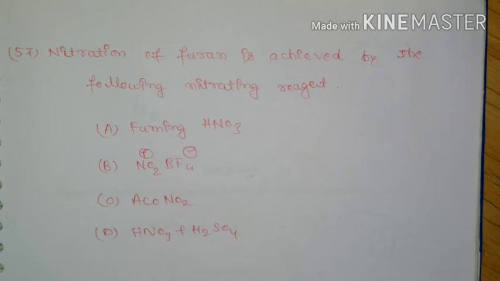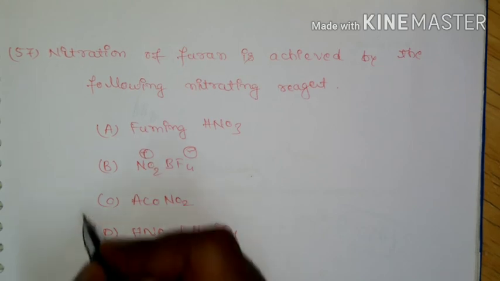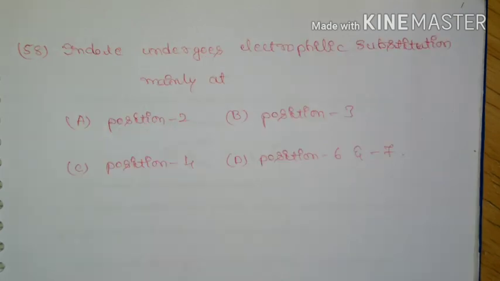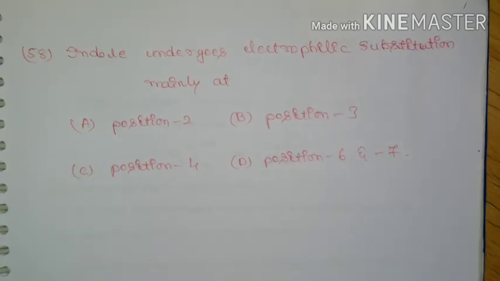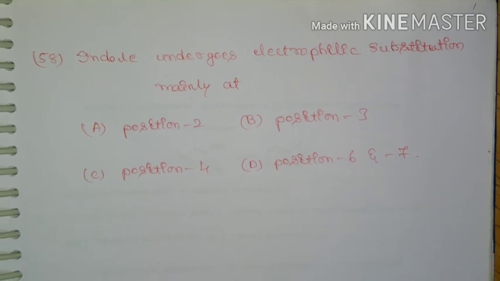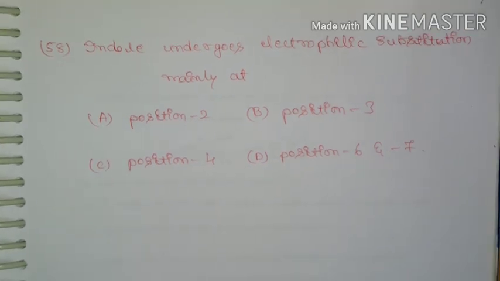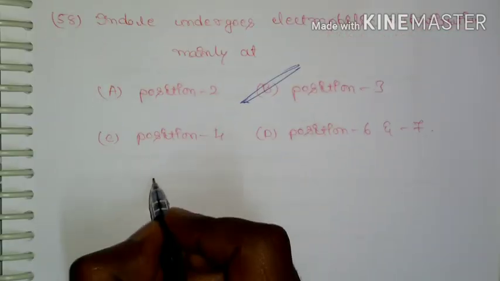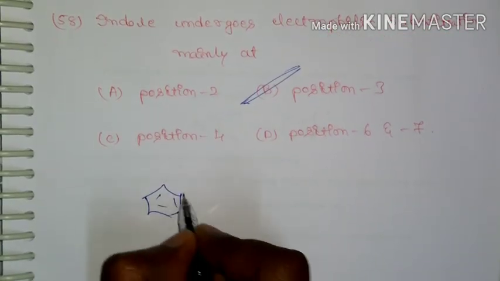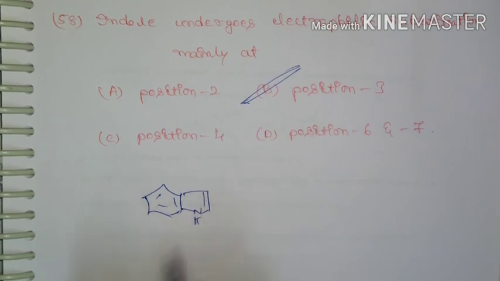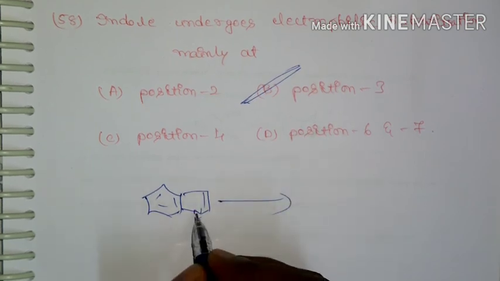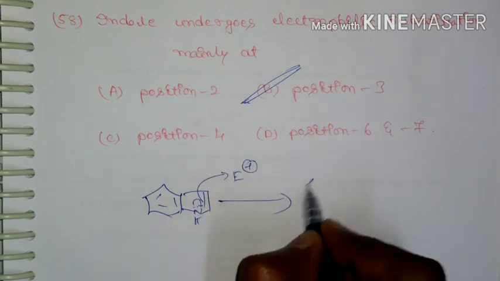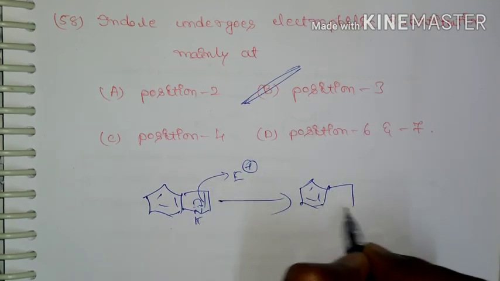And nitration of furan is achieved by the following nitrating reagent, C. And the 58th question is, indole undergoes electrophilic substitution mainly at position B. If you see the structure of indole, as we know it is going to react with the electrophile at the third position.